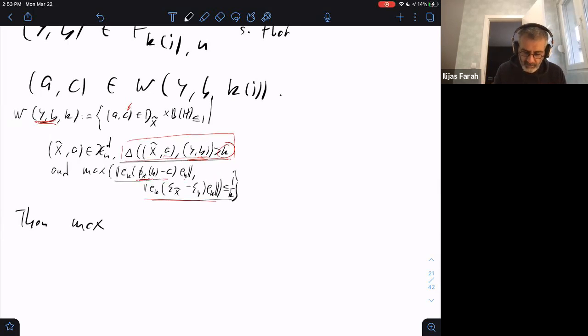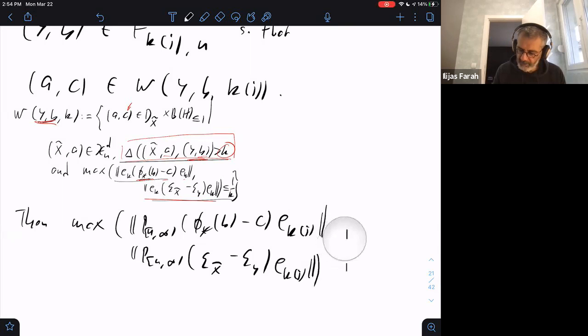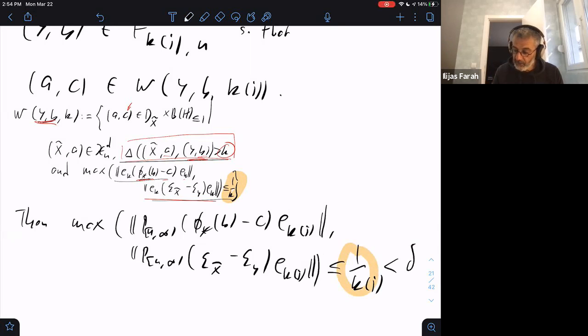We have that the maximum of the norm of P_n infinity, phi star of B minus C, E_k_j, and the second one, P_n infinity, Qx tilde minus Qy, again E_k_j, both of these are less or equal than 1 over k_j, right? So that's just to highlight, it's this guy here. And we chose J big enough, so this is less than delta.